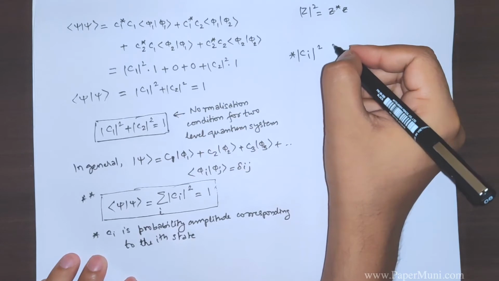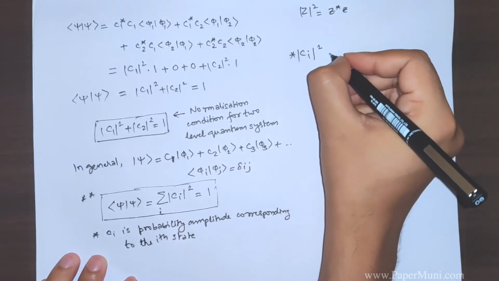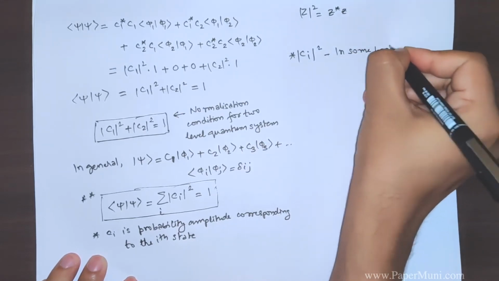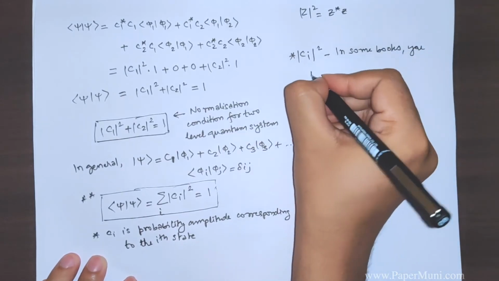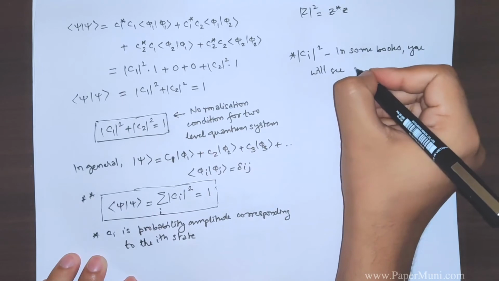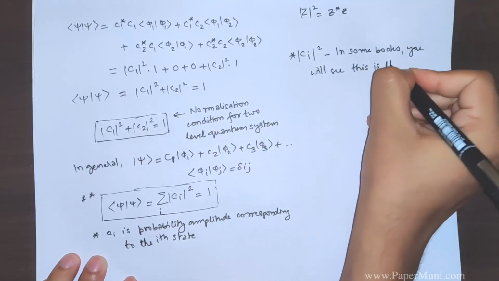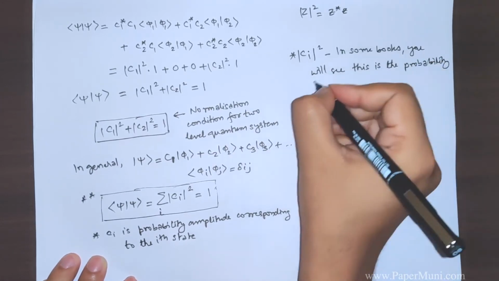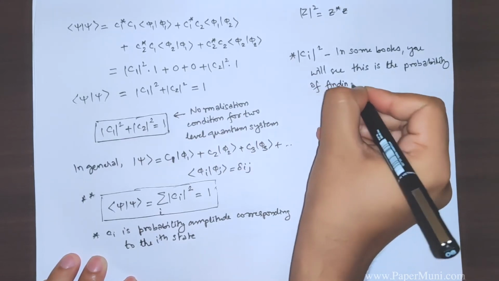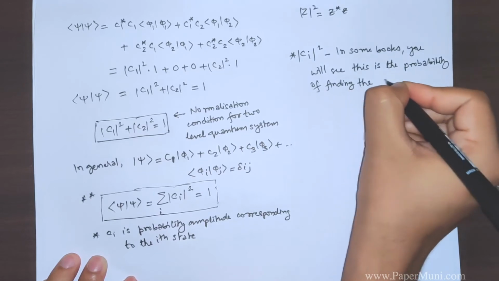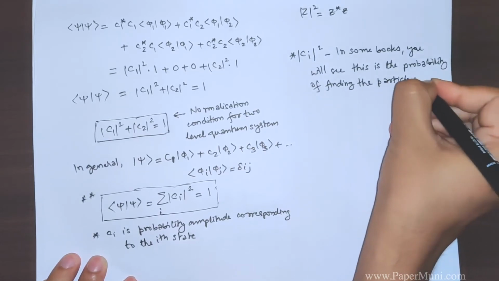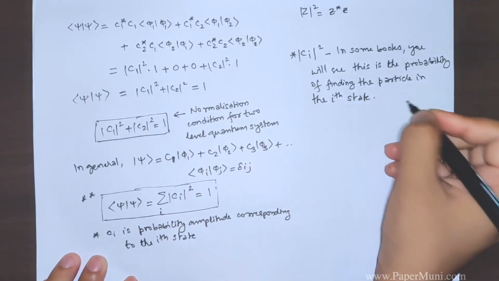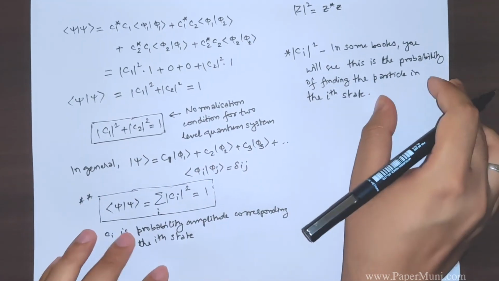In some books you'll find that this is the probability of finding the particle in the ith state, but it's not exactly true. This is a very lame language to use.